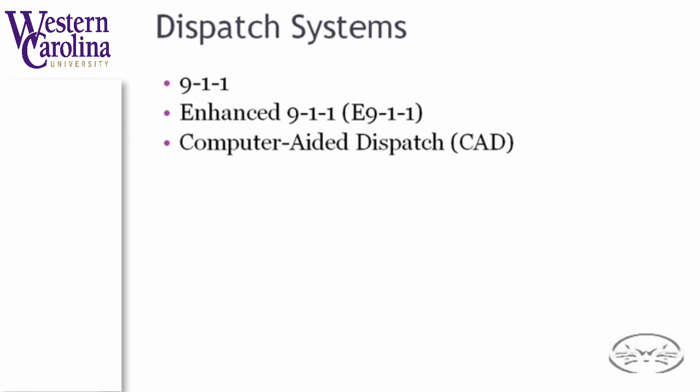So let me try to give you a quick example. Say for instance you take your community and you zone it out into 5 different zones. A static oriented computer-aided dispatch system will look at it and say, if zone 1 is supplied by station 2, then when station 2 is out on a call, we automatically look to the next closest station, which in this scenario may be station 3.